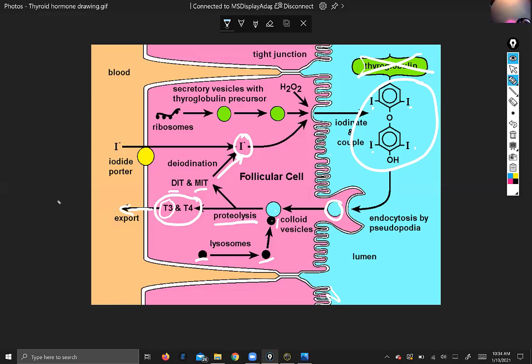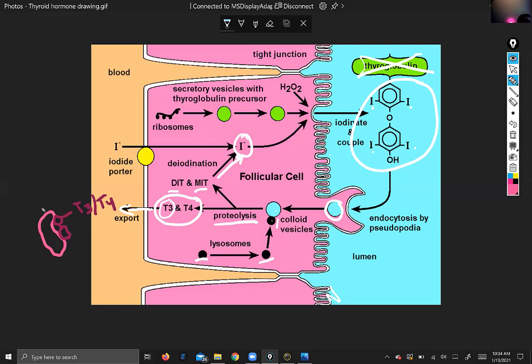So once the T3 and T4 get out, if you look back over at figure 18.11, what you'll see is that there's various carrier proteins waiting to carry the thyroid hormone. And so let me draw thyroid hormone as being a little dumbbell kind of shaped guy. So this is T3/T4.